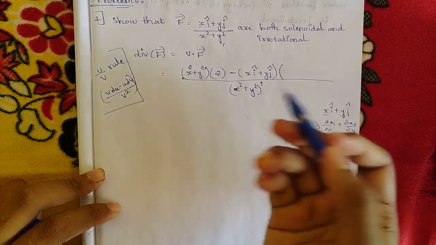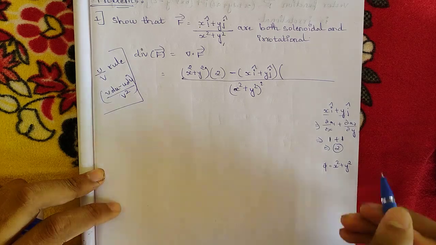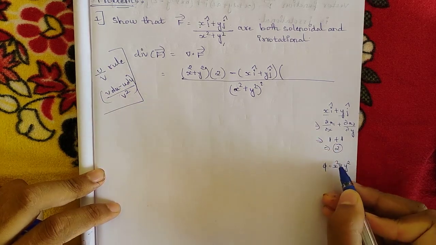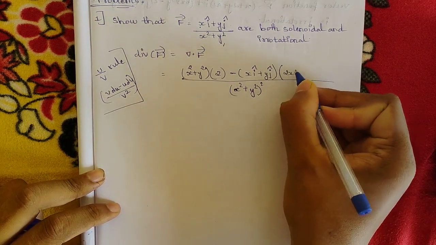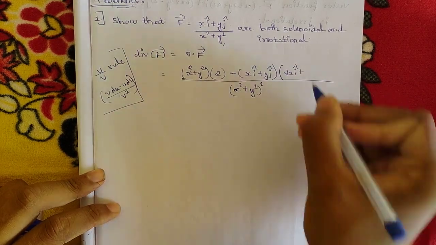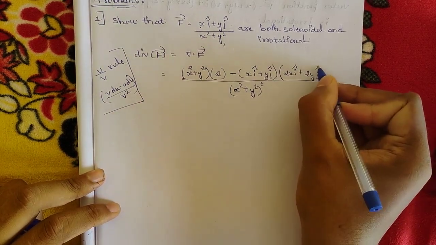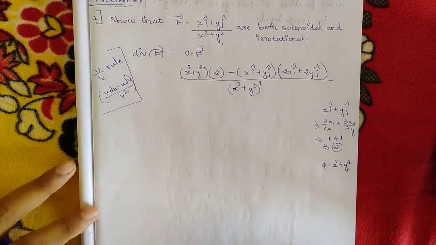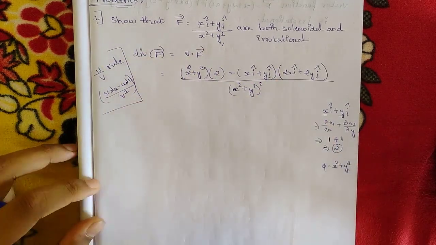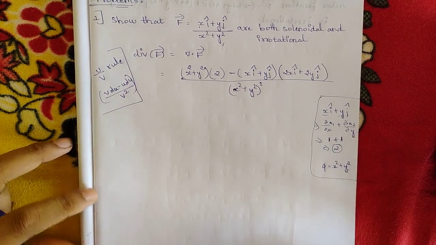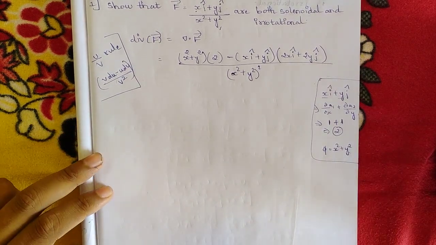If you take its partial differentiation, with respect to x we get 2x i cap, with respect to y we get 2y j cap, since it is a scalar function. Hope it is clear. This is the first step. In this way you should be writing it. Now let us continue.